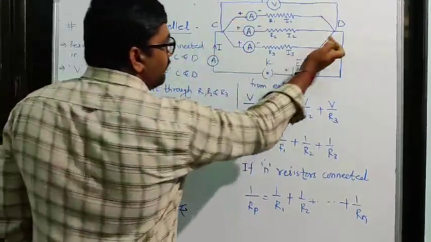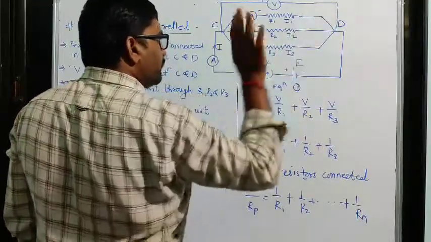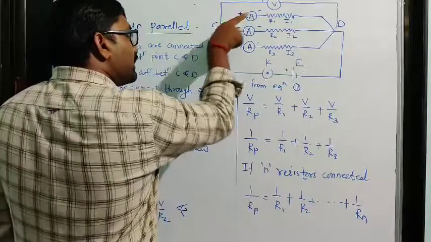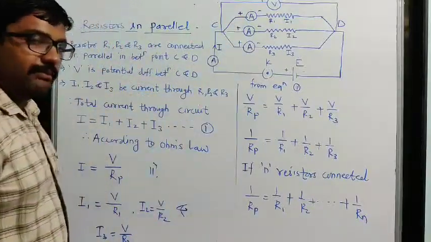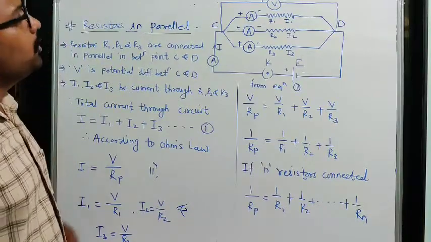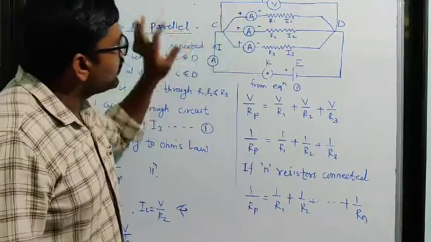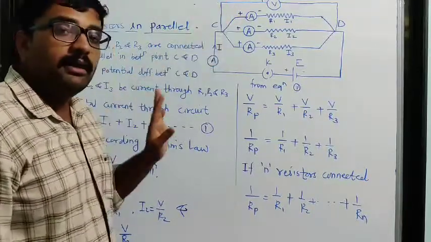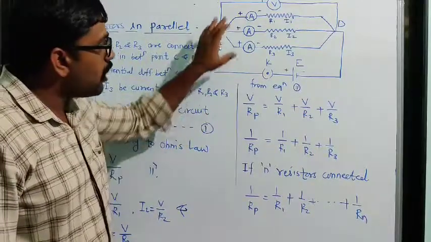Again they will come together here, and at that point the values of current will add up. But the current flowing through each resistor will be different. So remember, the value of current through each resistor in a parallel connection is different, not the same.